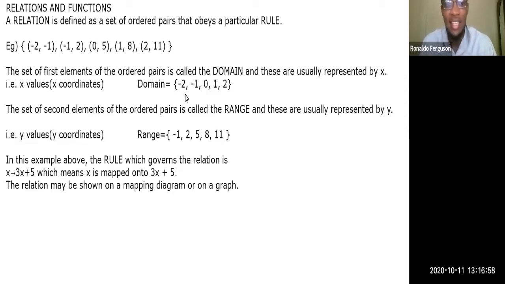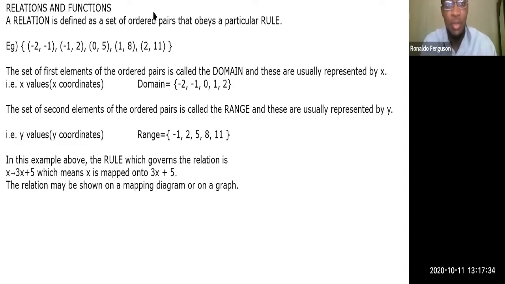So look at this example: the rule which governs the relation is x maps to 3x plus 5. This arrow means maps to, which means x is mapped onto 3x plus 5. So the y value that we get depends on the x value, such that the relationship which it maps onto x by is 3x plus 5.